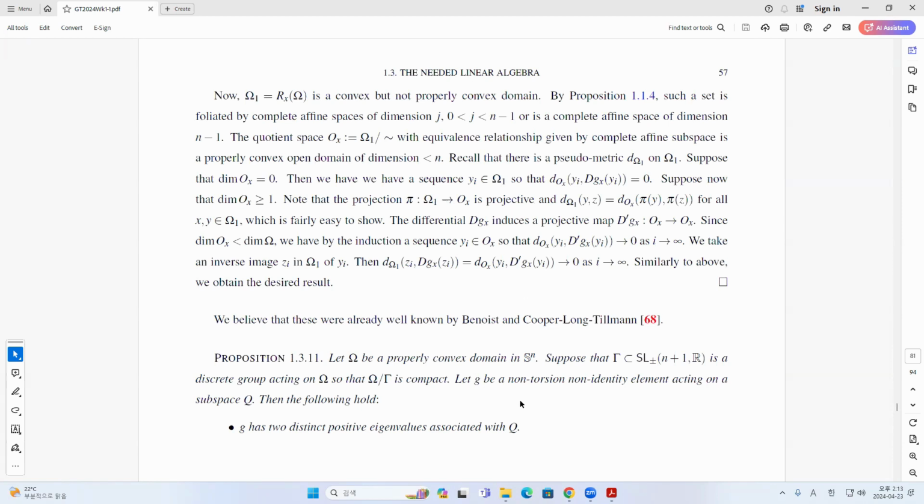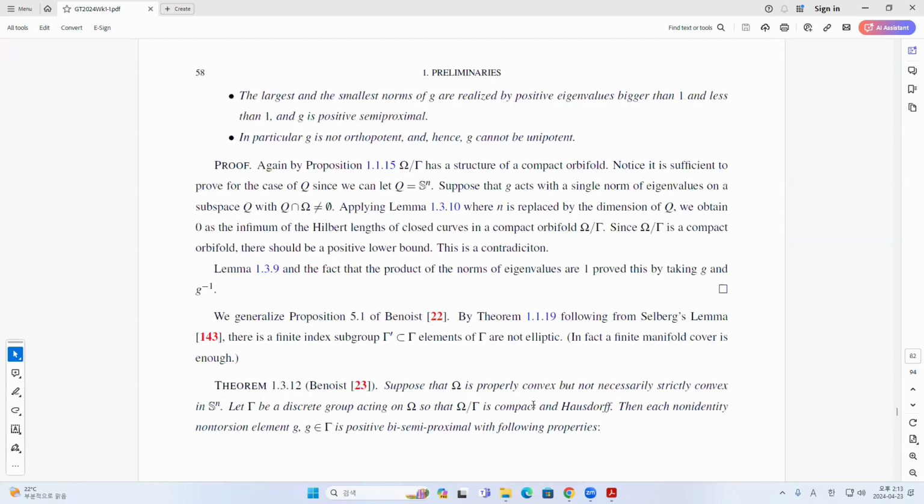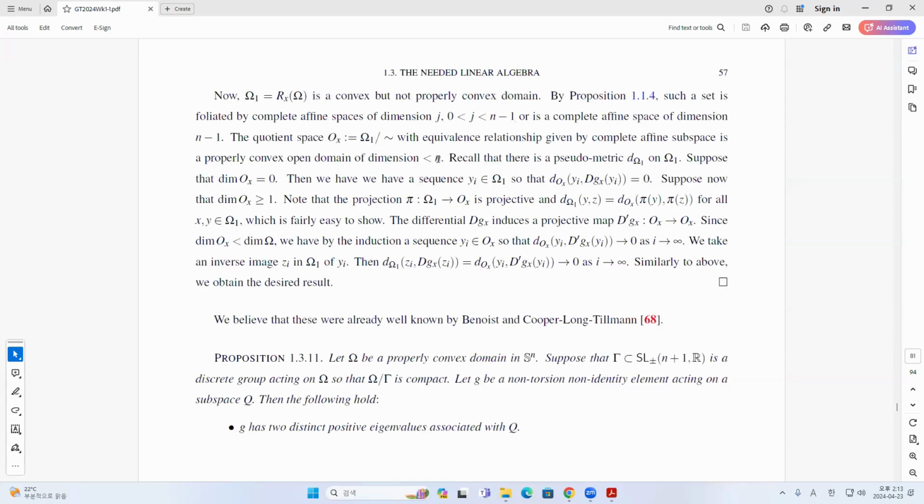Right, so if you have this properly convex domain and omega mod gamma is compact, and gamma is discrete, then this is a divisible action. Then if g has two distinct positive eigenvalues, the smallest and the largest, one bigger than one and one less than one, it is positive semi-proximal.